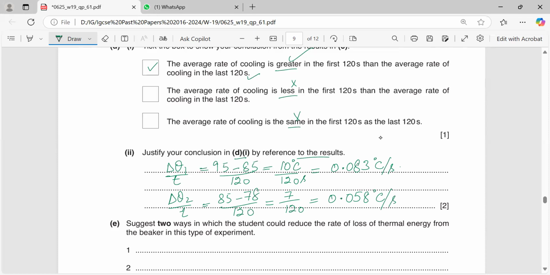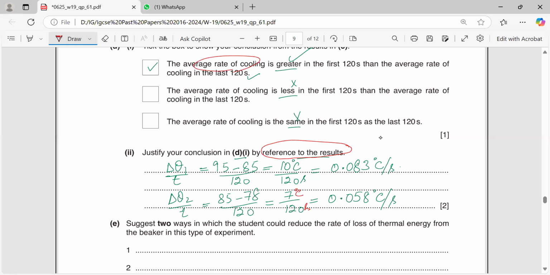So the rate of cooling is decreased when it is mentioned by reference to the results. Even if you have written 10 degrees Celsius and 7 degrees Celsius, that will be workable, but it is better because it is written rate of cooling. Rate of cooling means time is involved and time is in the denominator.